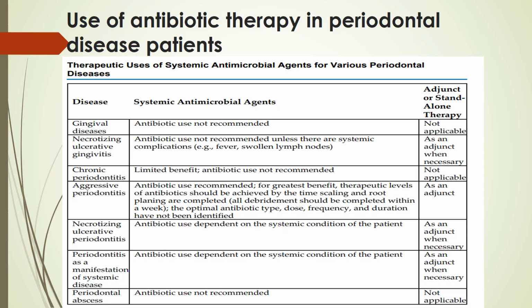Coming to necrotizing ulcerative periodontitis, antibiotic use depends on the systemic condition of the patient, so it is always an adjunct when necessary. Then periodontitis as a manifestation of systemic disease, which can occur as multiple periodontal abscesses. Here also the antibiotic use depends mainly on the systemic condition of the patient, as an adjunct when necessary.